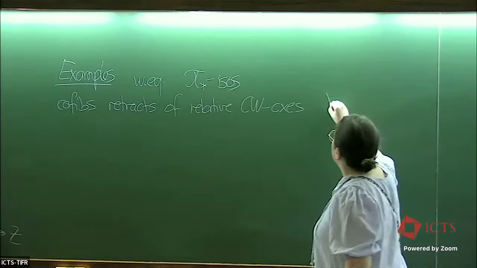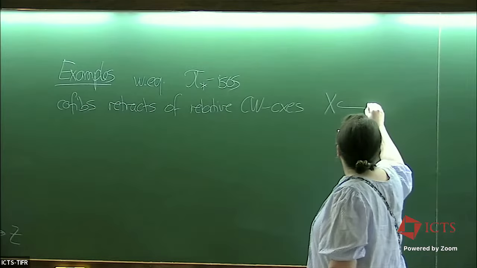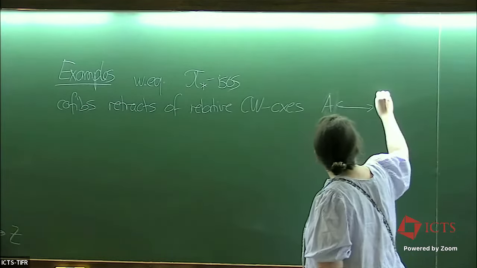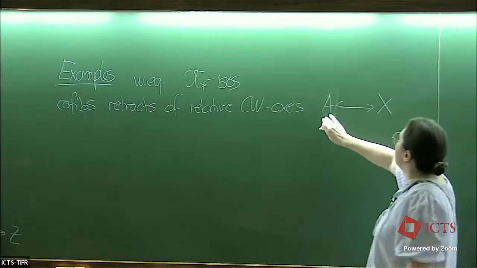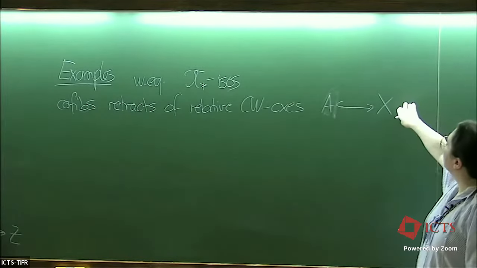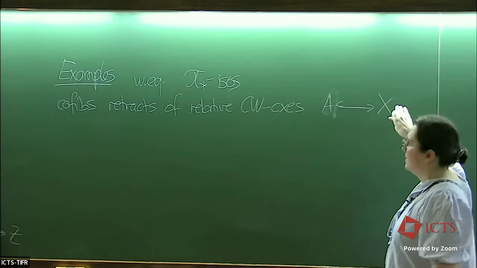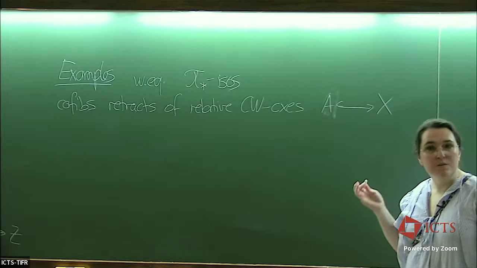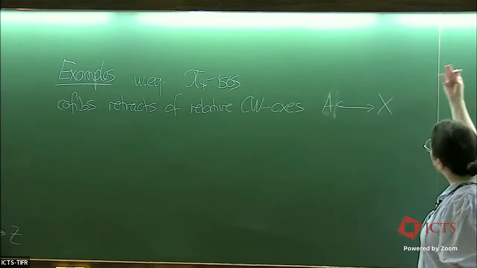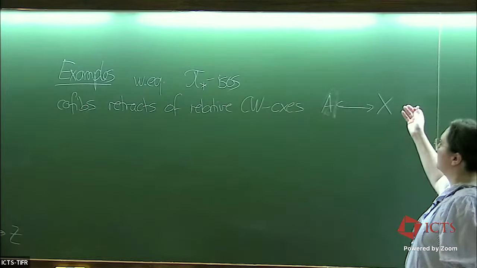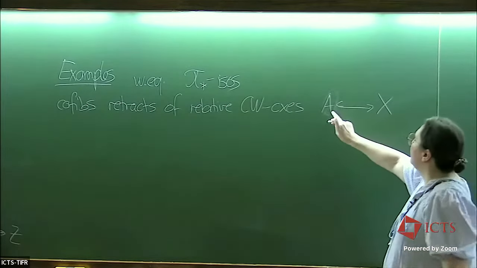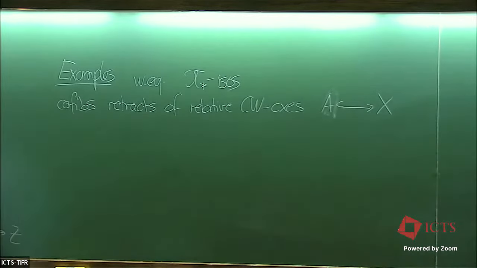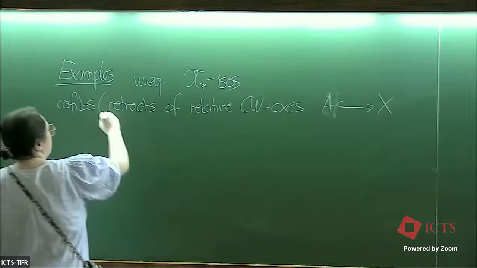A relative CW complex is, let's do it the other way around, a map like so, where this X comes from A by attaching cells to it. So you take an A and attach cells to it, get an X, and the inclusion of that into that would be a relative CW complex. And because of this axiom, you have to also throw in the retracts, but you don't have to care about that.